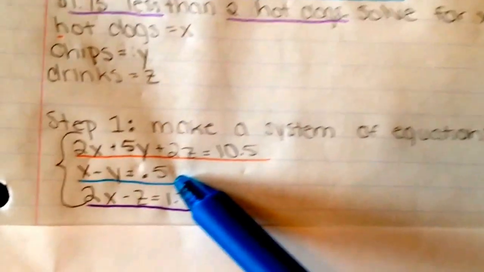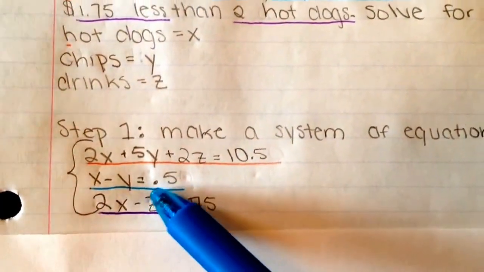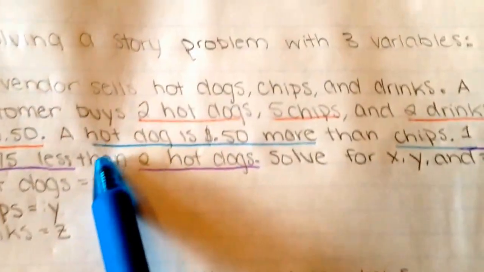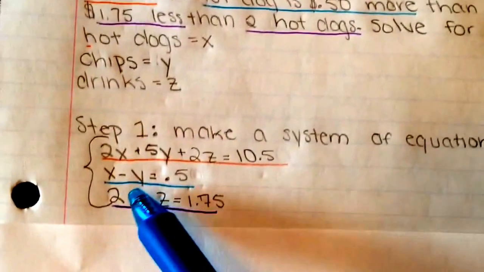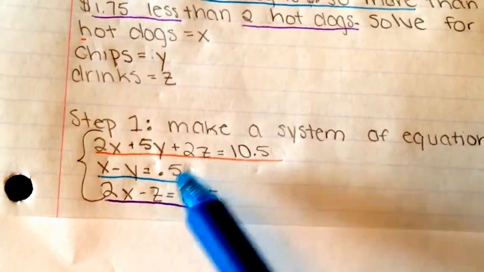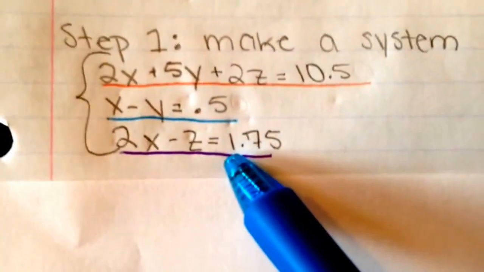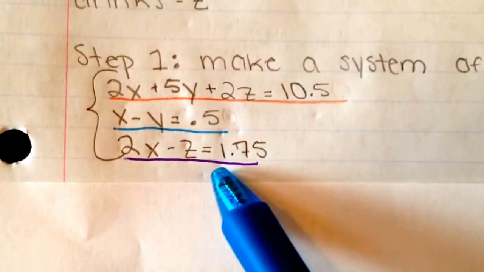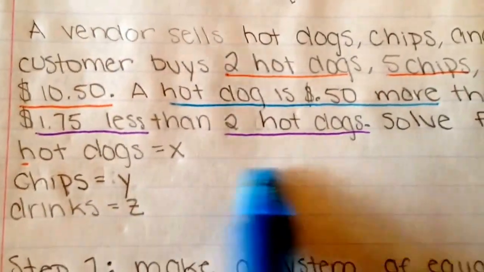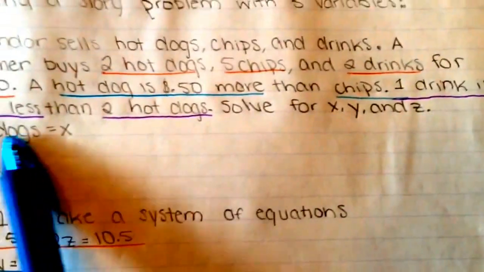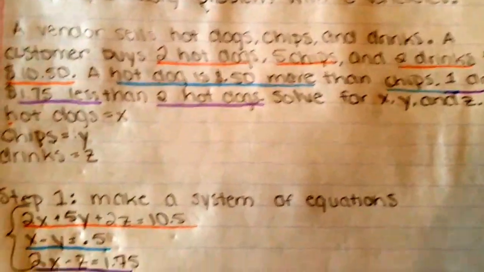Our second equation is x minus y equals 0.5, which is saying that since a hot dog is 50 cents more than chips, the cost of a hot dog minus the cost of chips is 50 cents. And our third equation is 2x minus z equals 1.75, which is showing that 1 drink is $1.75 less than 2 hot dogs.